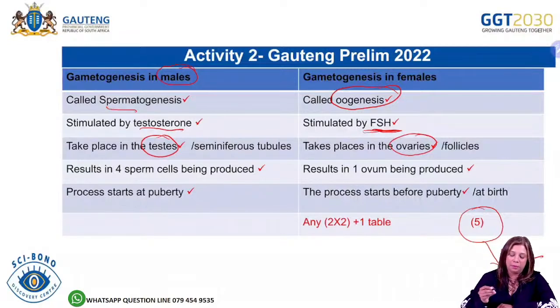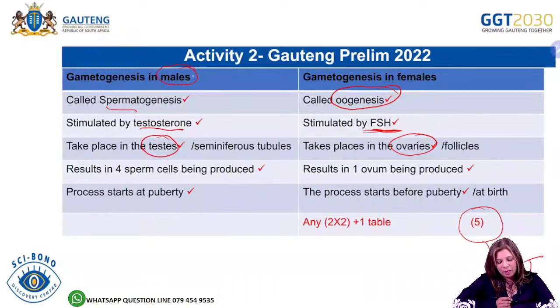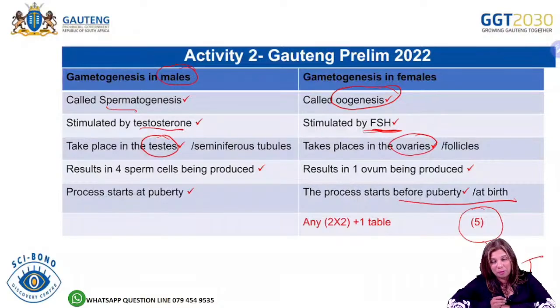Okay, and then we see in gametogenesis in males, this is very interesting. I think you're going to remember this. In gametogenesis in males, the process starts at puberty, but in females, the process starts before puberty, at birth. Remember we spoke about the follicle cells undergoing mitosis?